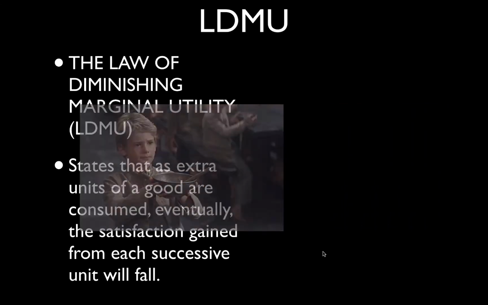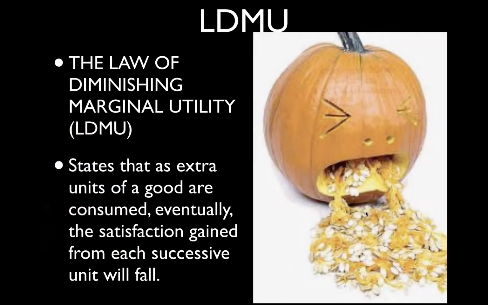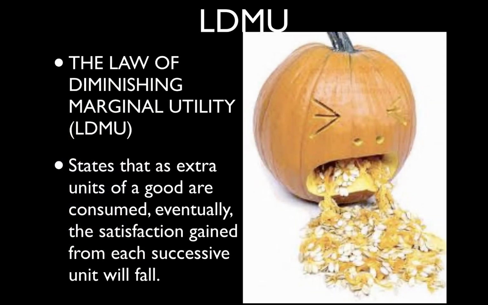However, if he continues to eat, he gets full. Therefore, each extra bit of food at some stage is going to give him less and less extra satisfaction, marginal utility, than the previous bit did. So the idea is if you keep on eating, you get full, and if you keep on eating after that, well, I'm sure you know yourselves.